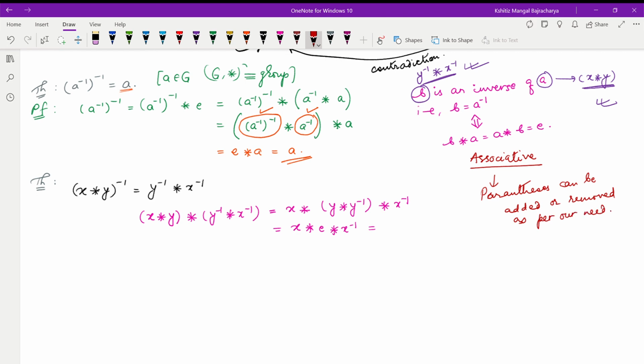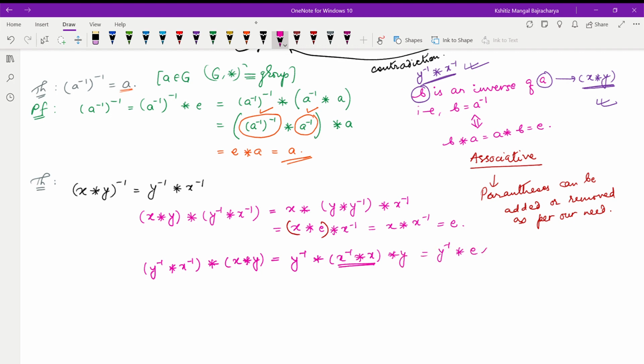Okay, so now using the parentheses over here, we're going to get x star x inverse, which is equal to E. Now on the other hand, y star y inverse star x inverse, we can put the parentheses somewhere over here. This will be y star E star y inverse.